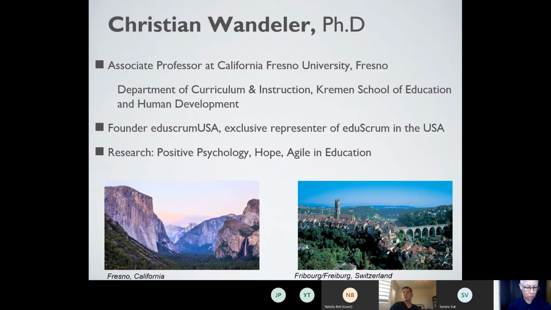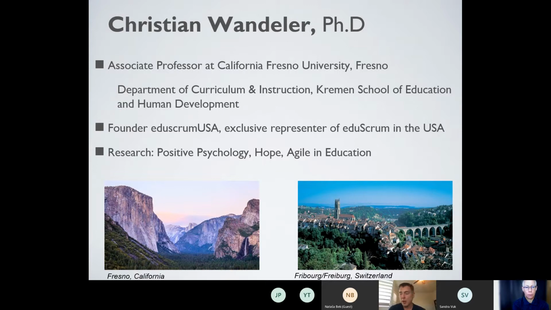So my name is Christian Wandeler. I'm an associate professor at Fresno State, and I'm from Switzerland, from Freiburg, which you can see there on the left. And Freiburg is a city that's right on the border between the French and German-speaking part of Switzerland. And if you know a little bit about Switzerland, it's a very multicultural country.